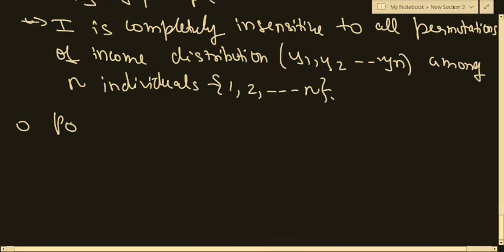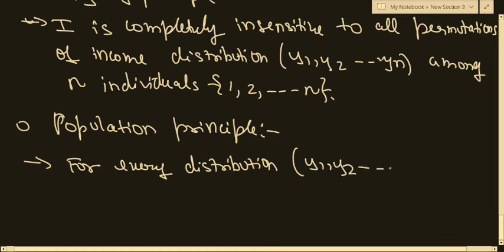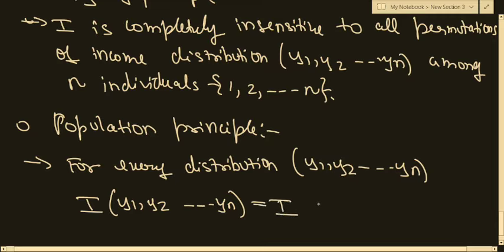Now for the population principle, the mathematical interpretation says that for every distribution y1, y2 until yn, I of the cloned distribution equals I of y1, y2, yn.